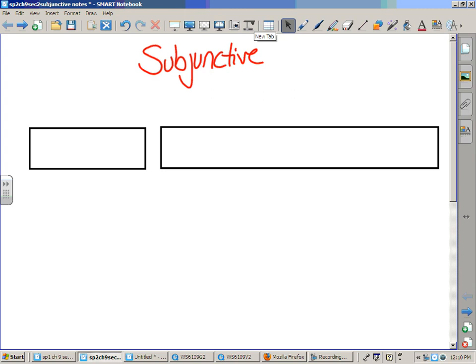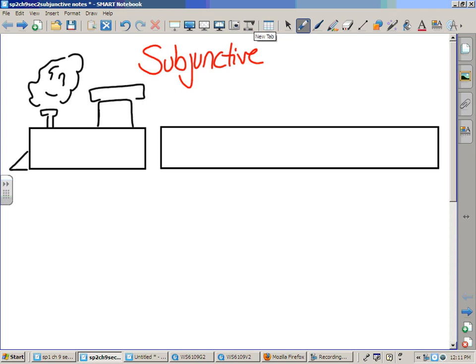Okay, so I like to use this to help us remember the parts of writing in the subjunctive. Okay? Isn't it cute? So nice. Yeah, it's really cool.